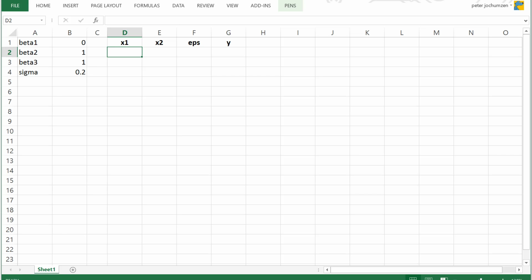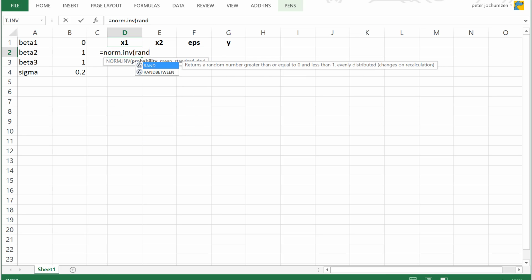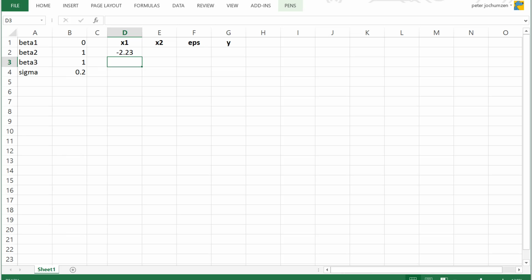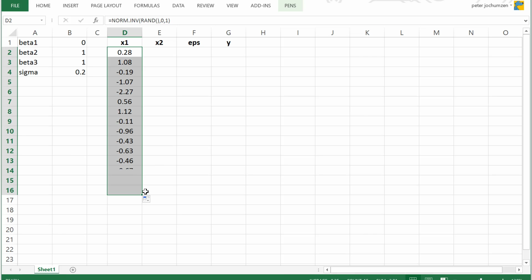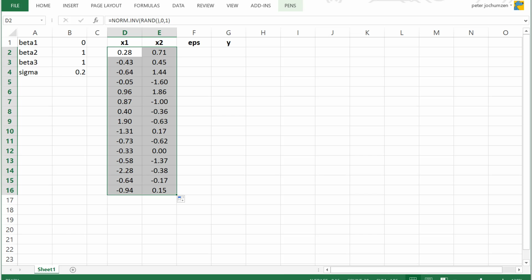So we could easily just do something like NORM.INV(RAND(), 0, 1), for example. Then I copy this down. Let's say we have 15 observations, and I copy it over here. So I have now simulated my x data.